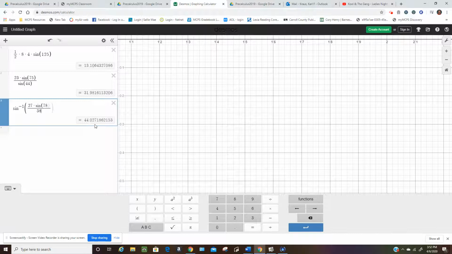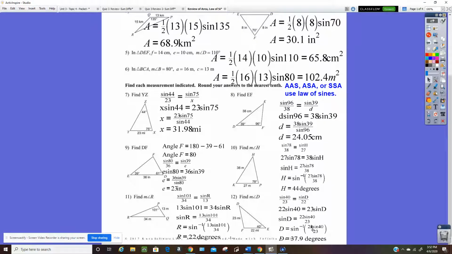Here's my answer right here. So 44 degrees. I go back to my worksheet. Sure enough, 44 degrees there.